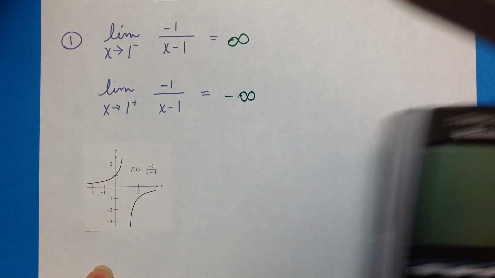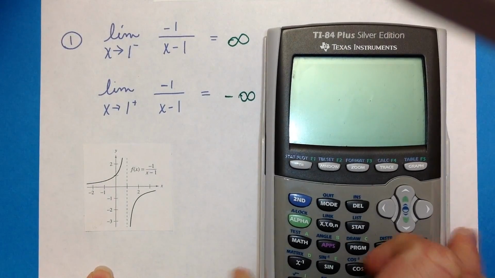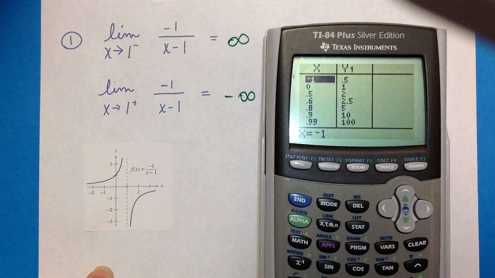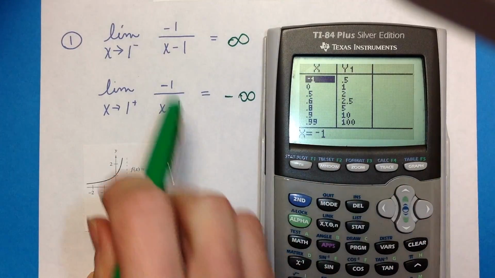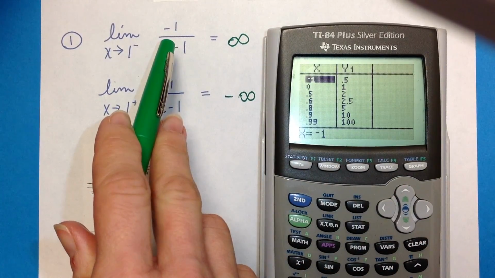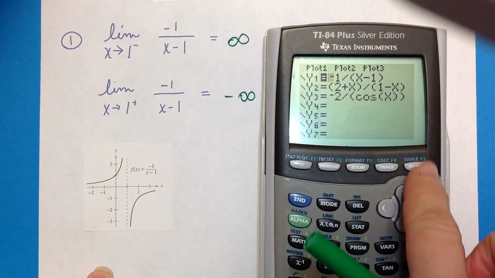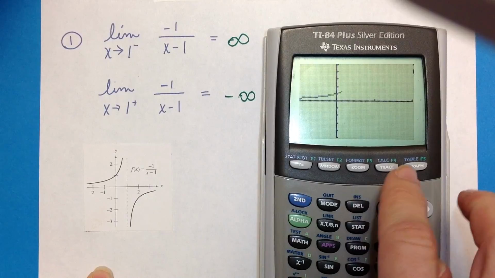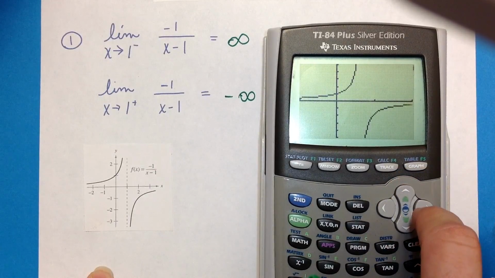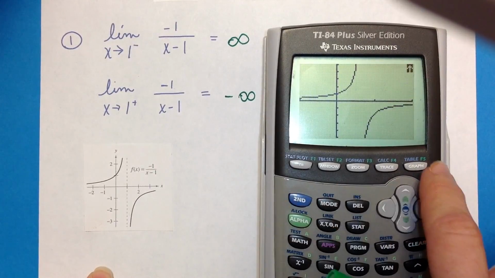Now, I do want to look at something on the calculator here. And this is something that you can look at each time. All right, so I've put this function in my y equals, that's what I have here in y1 that we're looking at. I was wanting to look at the table.